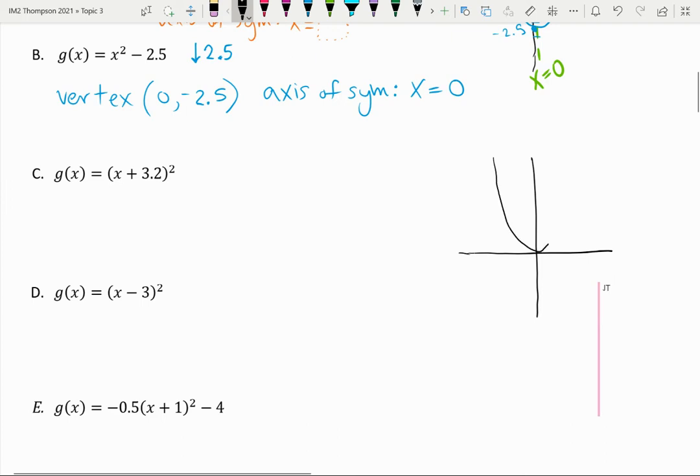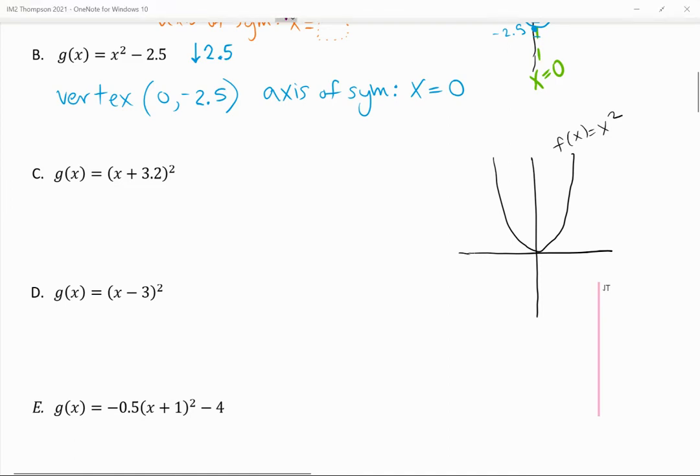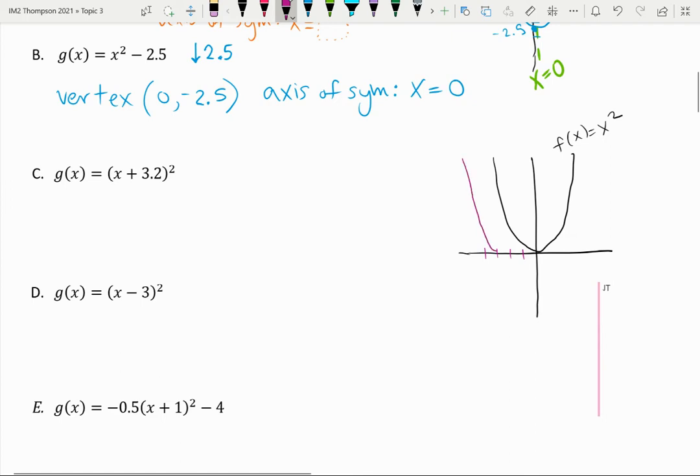So parent function is at 0, 0. And this first one, x plus 3.2, actually went left 3.2.